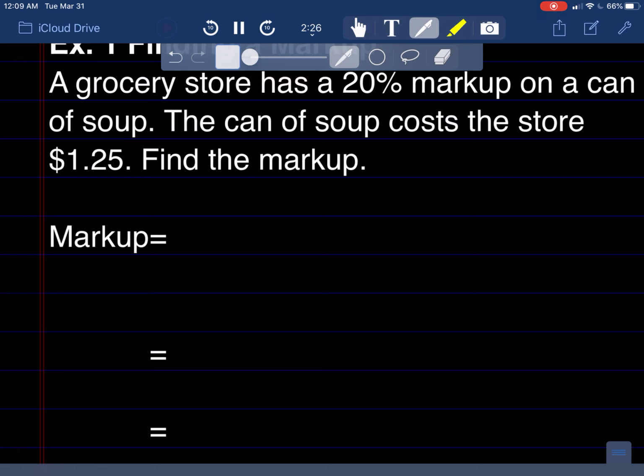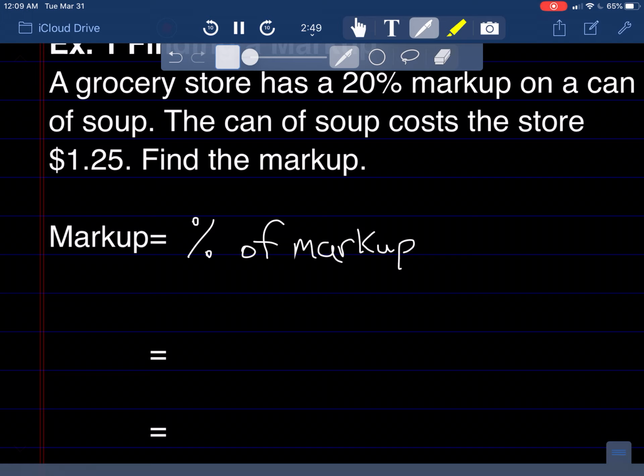So when we're doing markups, we're going to use an equation, and that's what we're going to put right here. So for a markup, we're going to have the percent of markup. Sorry, guys, let me fix this.